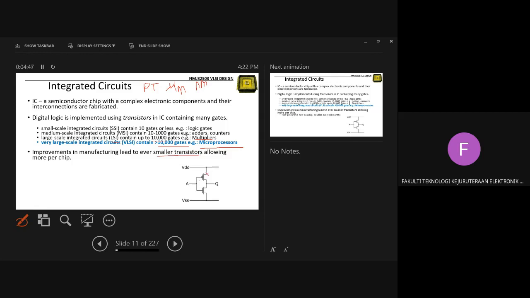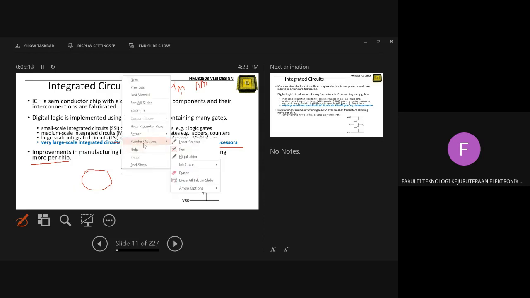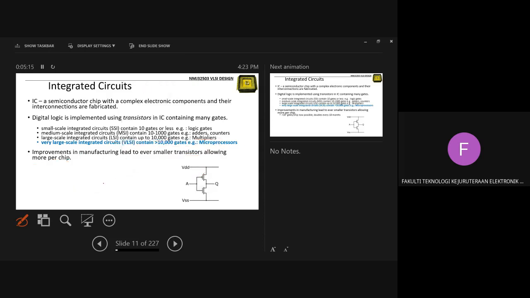Okay, so this is an example of a transistor. Okay, smaller transistors allow more space for a lot more transistors to be included inside a chip. Okay. Remember, to do a fabrication, we have a silicon wafer, right? So this is your wafer. Okay, wafer like this one.